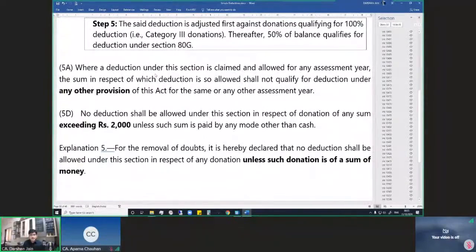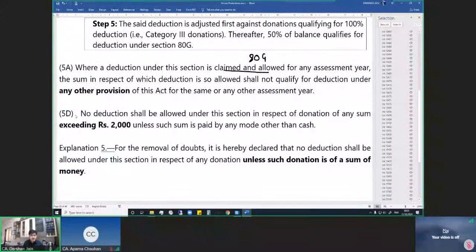So there are a few more conditions. Where a deduction under this section is claimed and allowed, when you claim a deduction under section 80G and it is allowed, you don't claim it under any other provision of the Act. You're claiming it only under section 80G, and if it is allowed, you're not to claim it under any other provision. If it is not allowed, in that case, there would be an alternative ground that you could claim a deduction under section 37(1) for the donation that you make, provided you prove the business nexus.